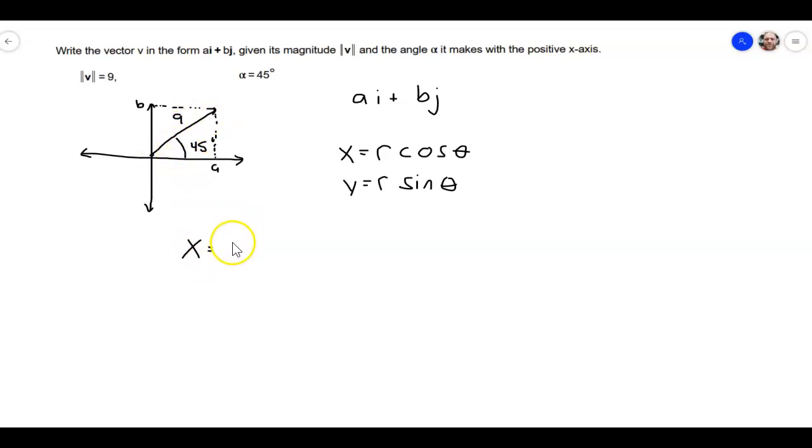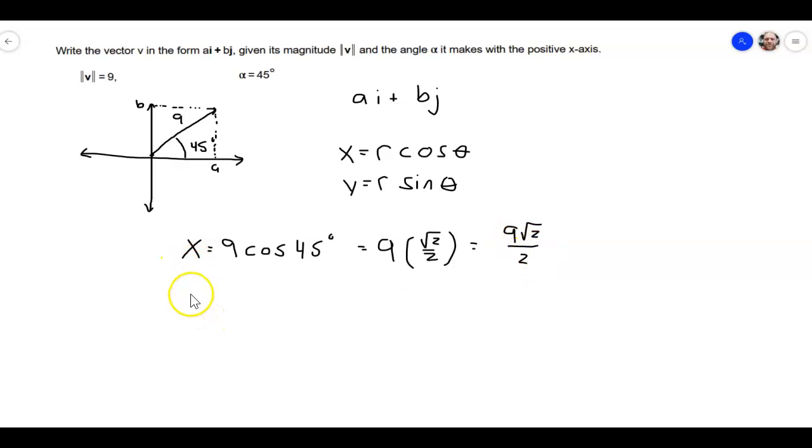So that's going to be 9 times the cosine of 45 degrees, and the cosine of 45 degrees is the square root of 2 over 2, so that's just going to be equal to 9 root 2 all over 2.